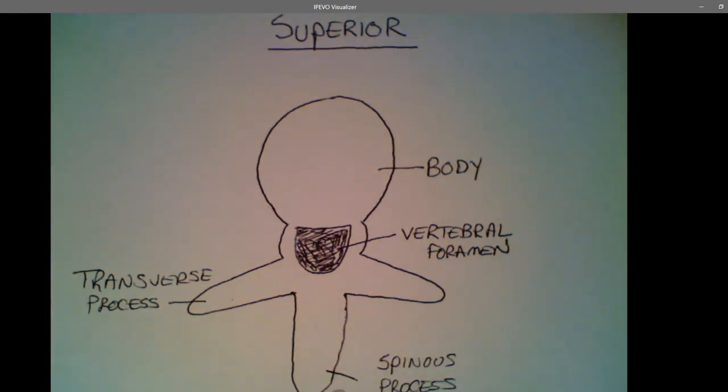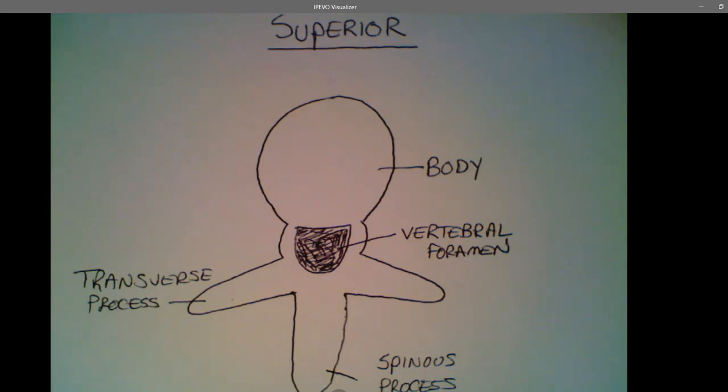So all the vertebrae that run straight down the back, or the process that runs straight down the back of your spine, those are all spinous processes. Okay, so this is a typical vertebrae that is labeled with all of its general parts.